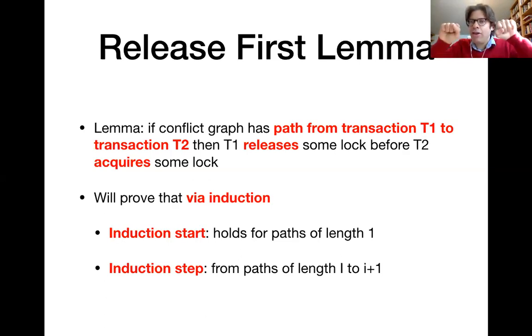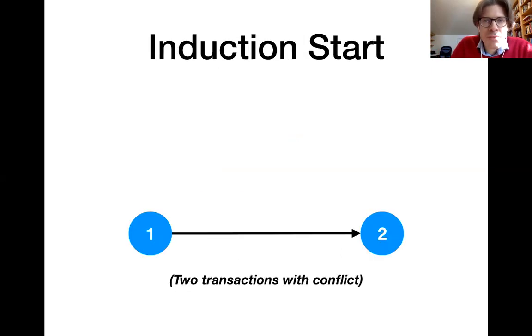So basically, we have just one step from one transaction to another one in the conflict graph. And in the induction step, we will prove that if the lemma holds for paths up to length i, then it will also hold for paths of length i plus 1. So we always extend the coverage of the lemma in terms of path length. This is the induction start.